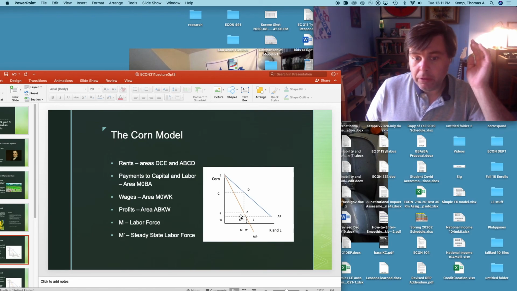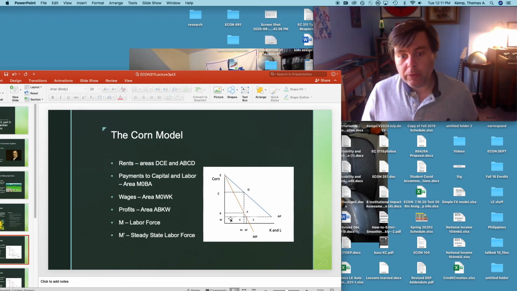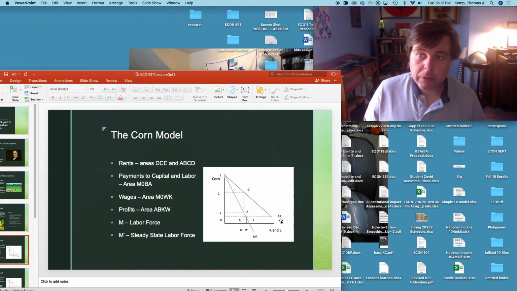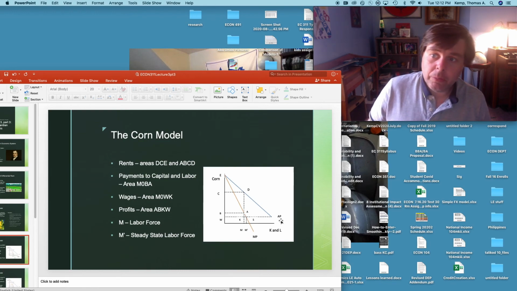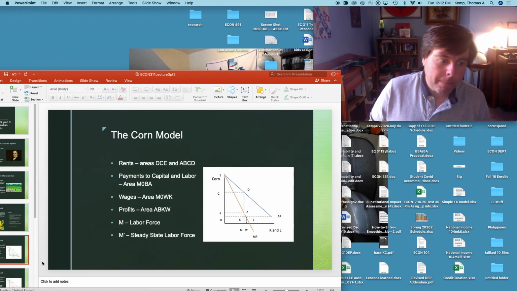That means that this line has to be less than this line. That'll become clearer as we move on. So any value that we pick for subsistence that's less than this, whatever arbitrary value we pick, the model will work just fine.